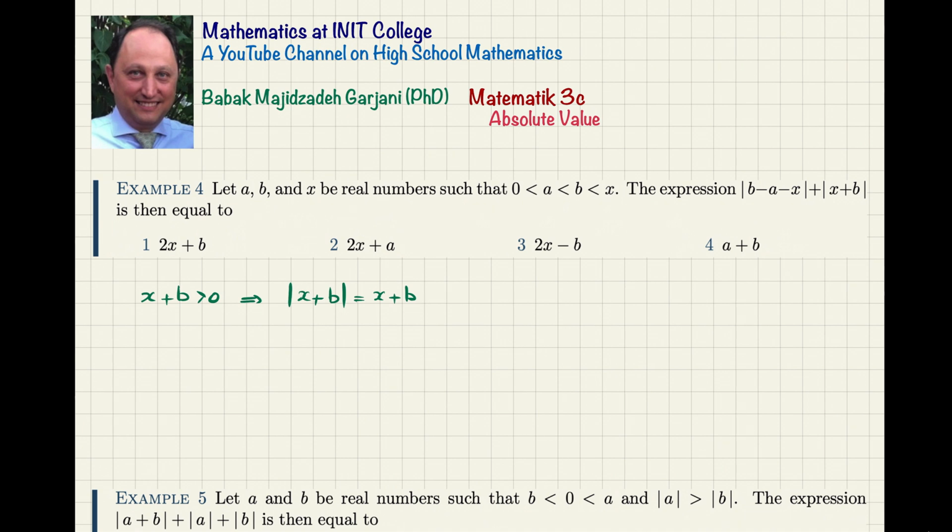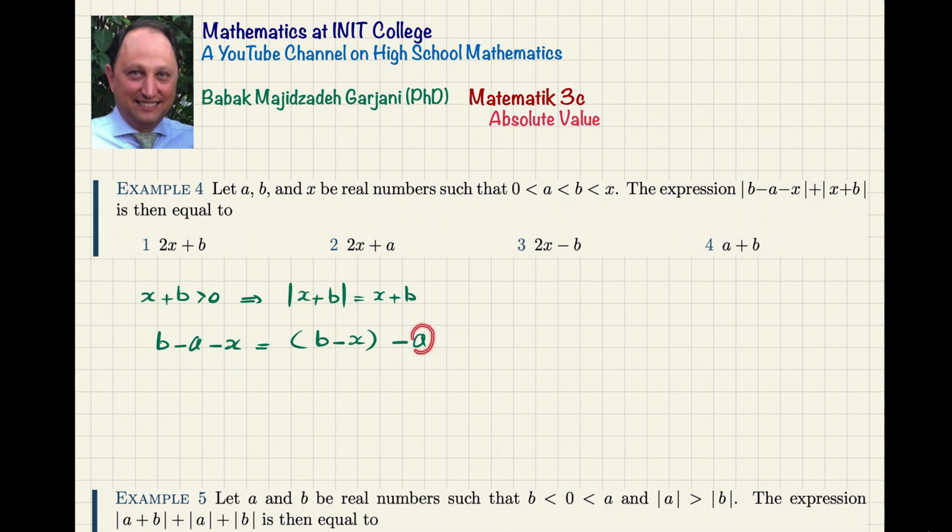Okay, so b minus a minus x, I would write it in this way. I would write it as b minus x together and then minus a. And now let me see if it is positive or negative. Why did I do this? Because I am completely sure that this is negative. Why? Because I see that b is smaller than x. And I have the b minus x, so this is negative.